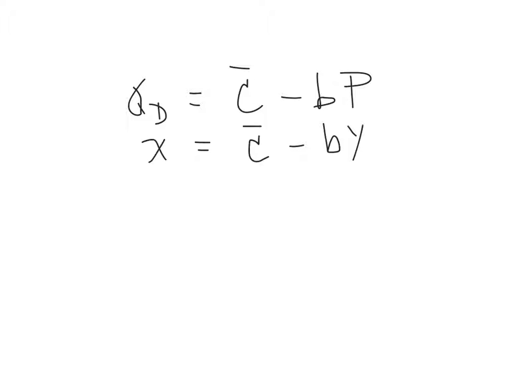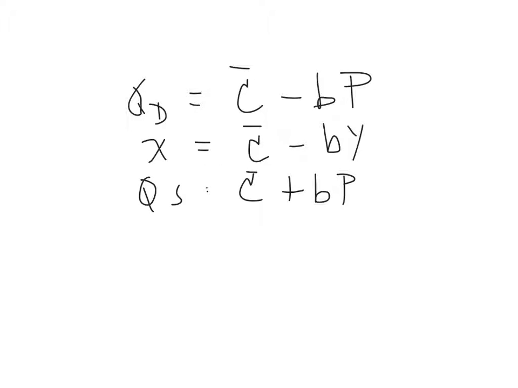It's a little bit backwards in economics. We put the quantity on the horizontal axis, but it all works out the same. And the quantity supplied works the same way, except it will have a positive slope.